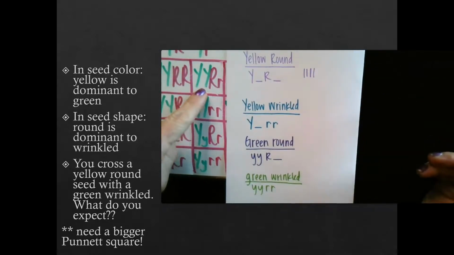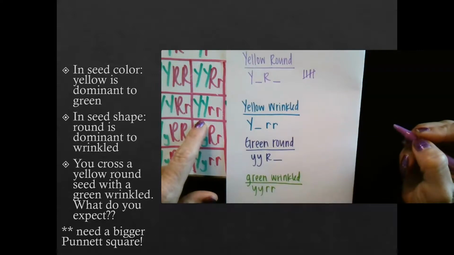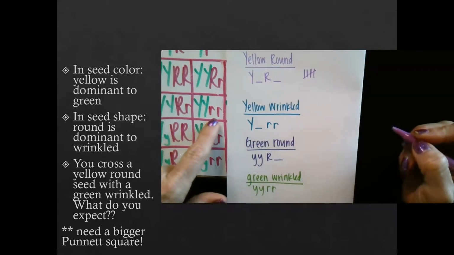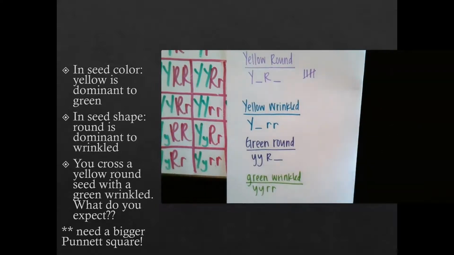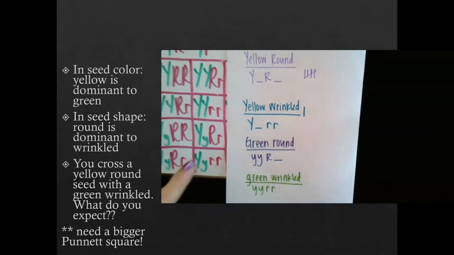Second column, first row, yellow and round. Second row, this is yellow, but now we have two small r's. That makes us yellow and wrinkled. Next one, this one's yellow and round again.